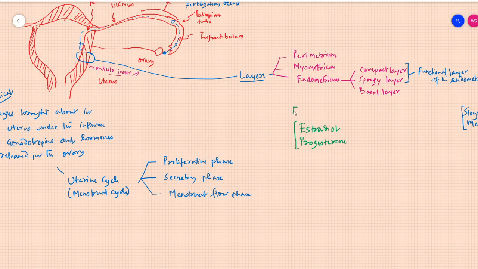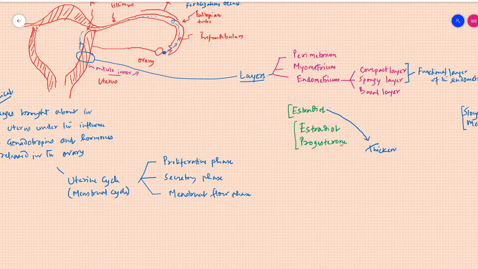Initially we said there is a release of estradiol due to the growth of the follicles. Now this estradiol makes the uterus thicken.